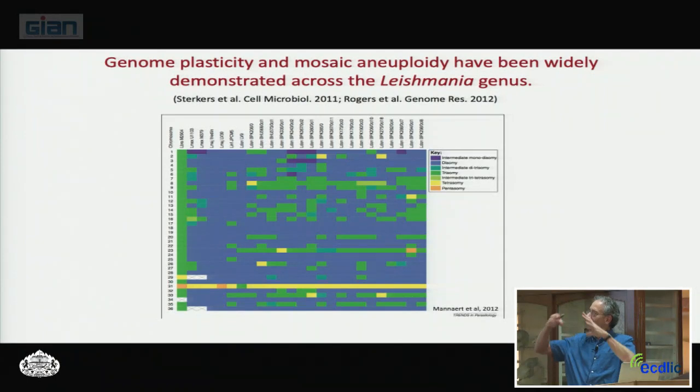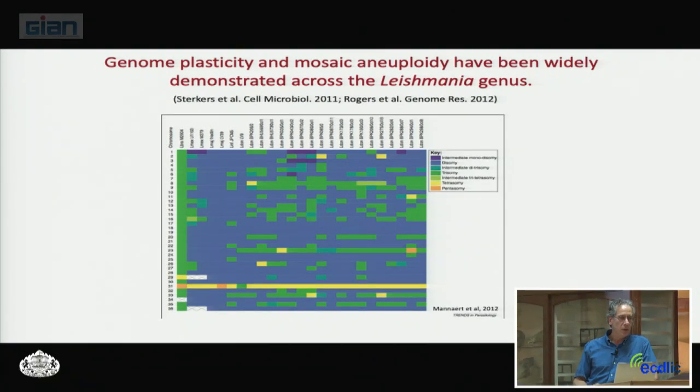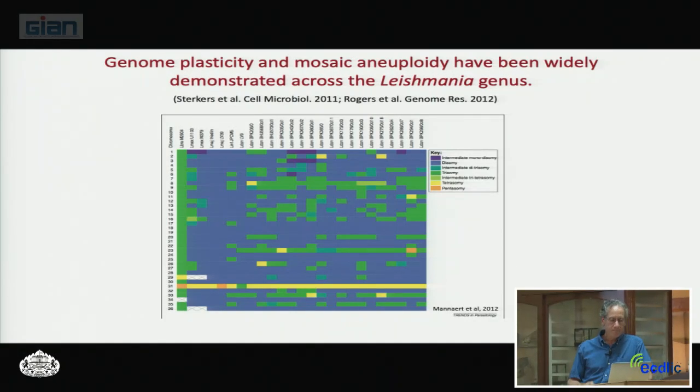So if you look at everything all together, they're more or less diploid with an enormous amount of aneuploidy. So these parasites seem to tolerate a huge amount of aneuploidy. Now, most higher eukaryotes don't tolerate aneuploidy at all.